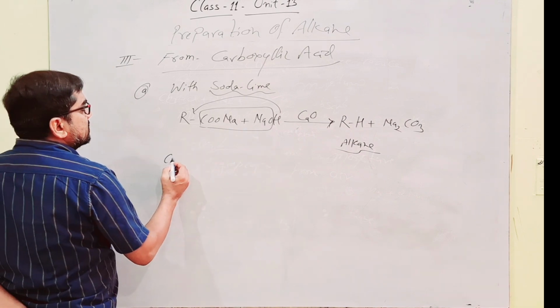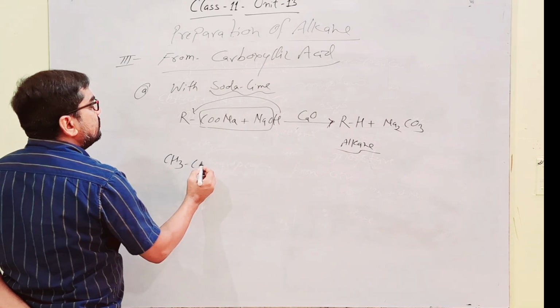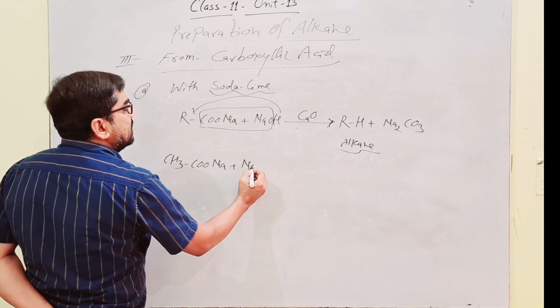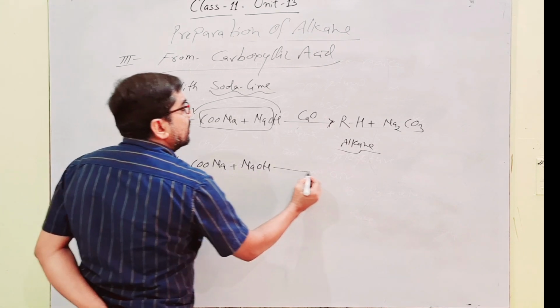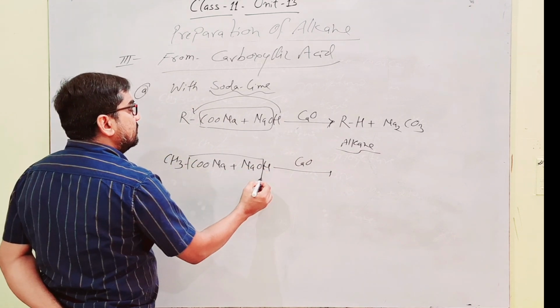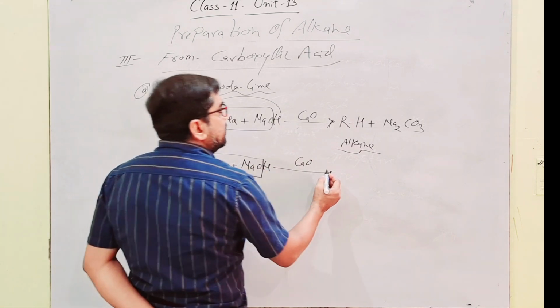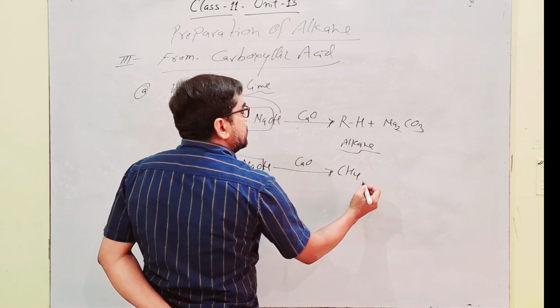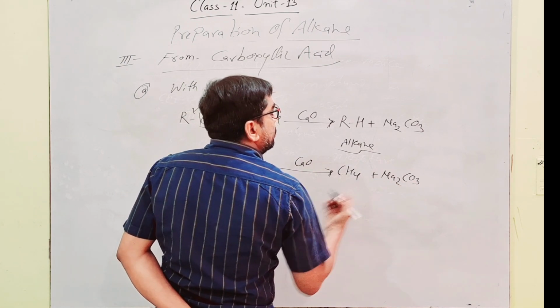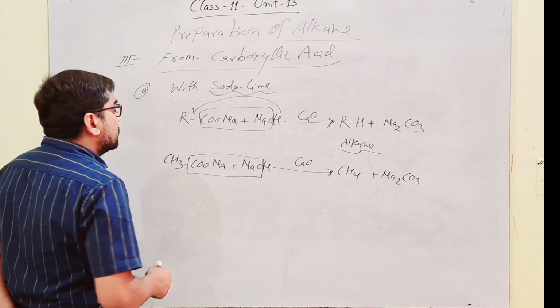RH, like this: CH3COONa plus NaOH, CaO. Now elimination of Na2CO3, formation of CH4 plus Na2CO3. Methane is formed.